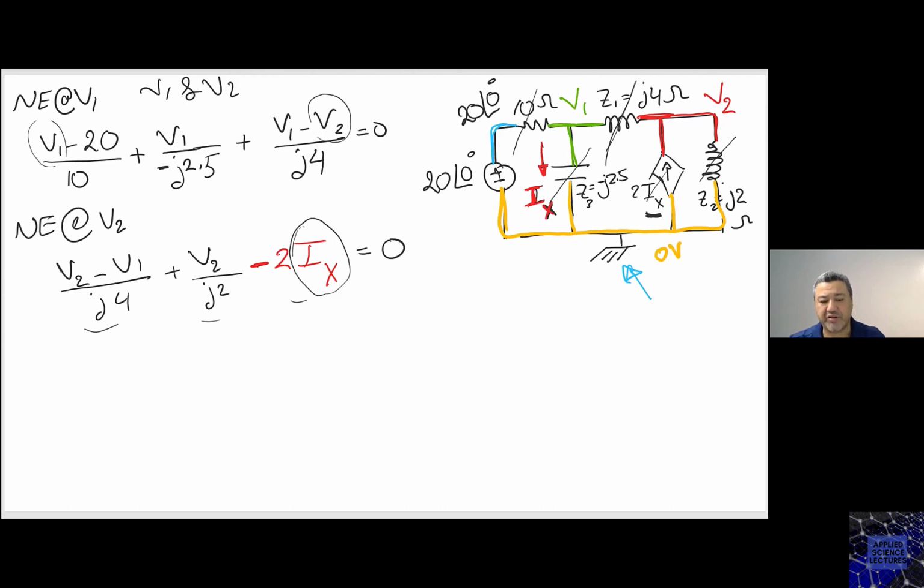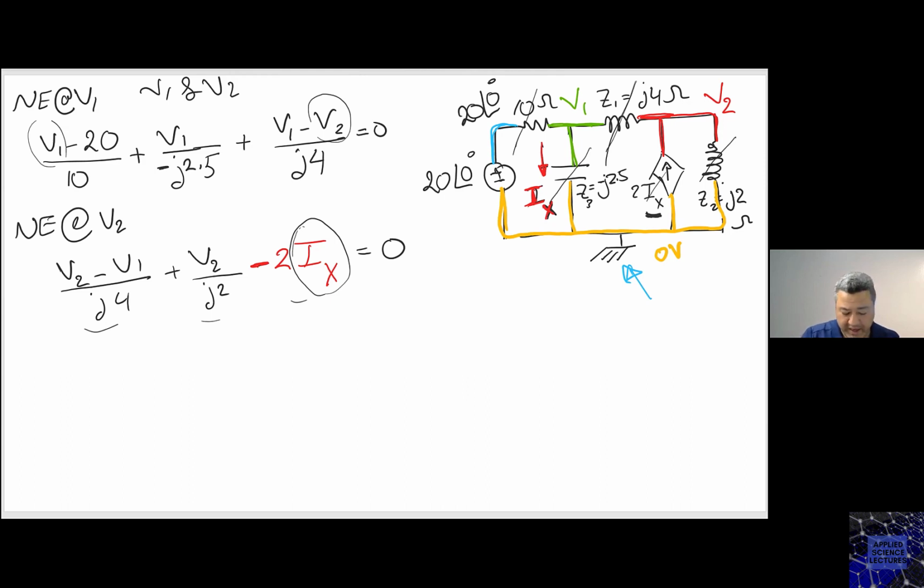Okay, so what is the relationship of this current going in the capacitor with my standard variables? Well, v1 here, and the ground is here, so the current is going in this way according to the passive convention that we talked about.